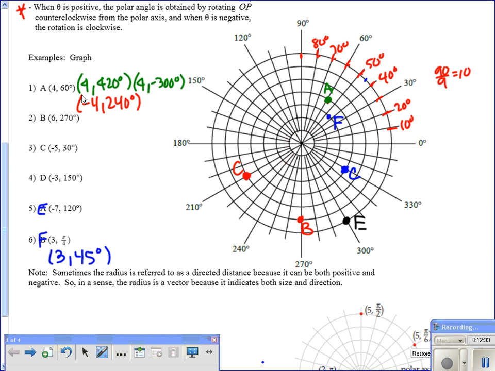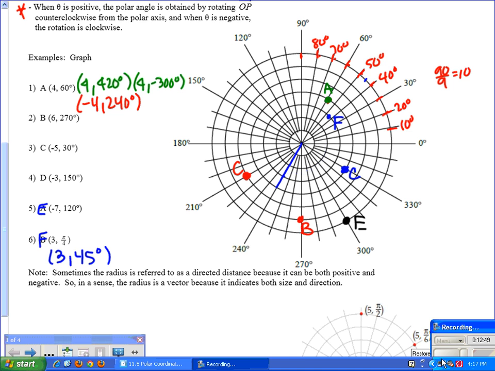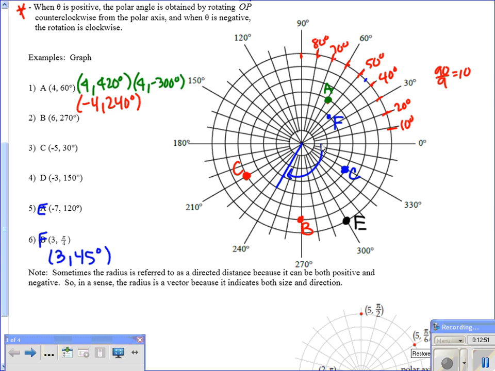And if I did instead, let's go from here to here, which would be negative 1, 2, 3, 4. So now I'm going in the negative direction for a negative angle from there to there.